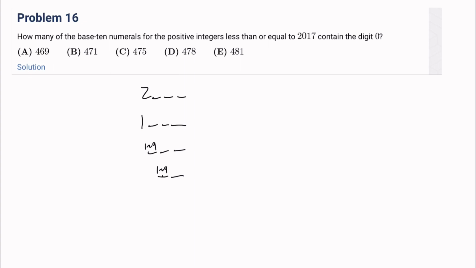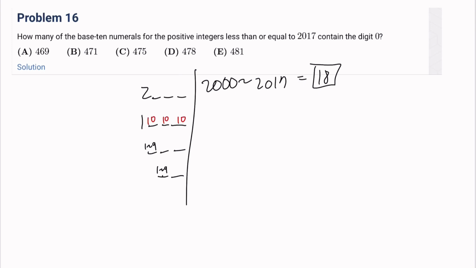And so first of all, 2 something something something, this is 2000 to 2017, and all of them contain 0 at the hundreds place, right? So that will be 18 numbers. And for 1 something something something, if we allow the digit 0, that will be 10 possibilities for each digit.